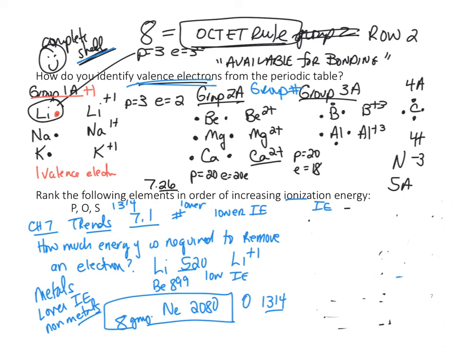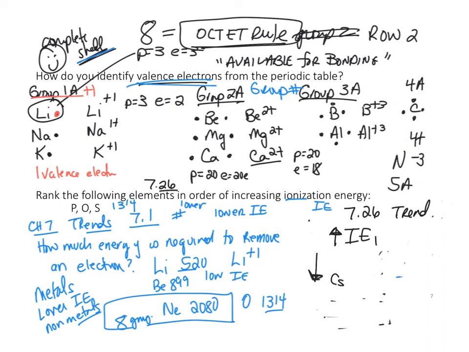Okay, so I want you to look at the table and I want you to memorize the trend. We're doing increasing ionization energy, and it's the first one. I need you to know that ionization energy means the energy to remove the electron. As you can see, the numbers in group 1 decrease going down a group.